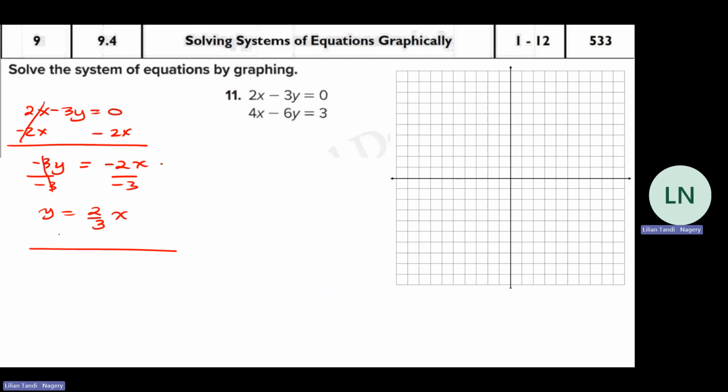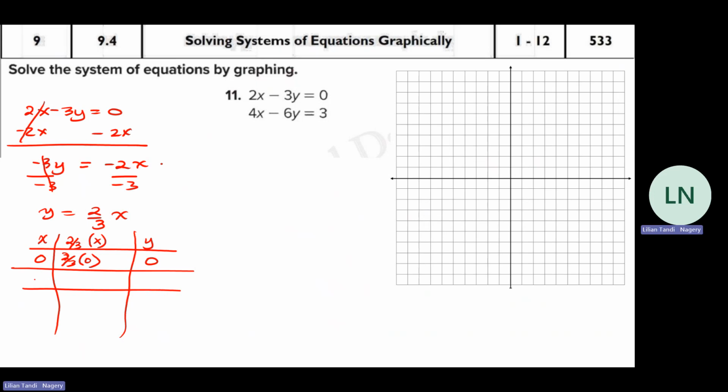So when I do my table, you're going to have x, you're going to have y, 2 over 3x. So 0 will go with 0. 2 over 3 times 0 will give you that. Then I cannot use 1, it will give me a decimal.